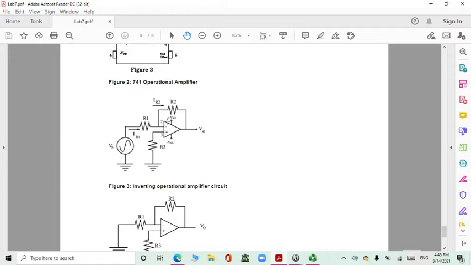The current flowing through the op-amp is almost zero, or theoretically we consider it as zero. So we will work with this one as our first part, which is the inverting op-amp.